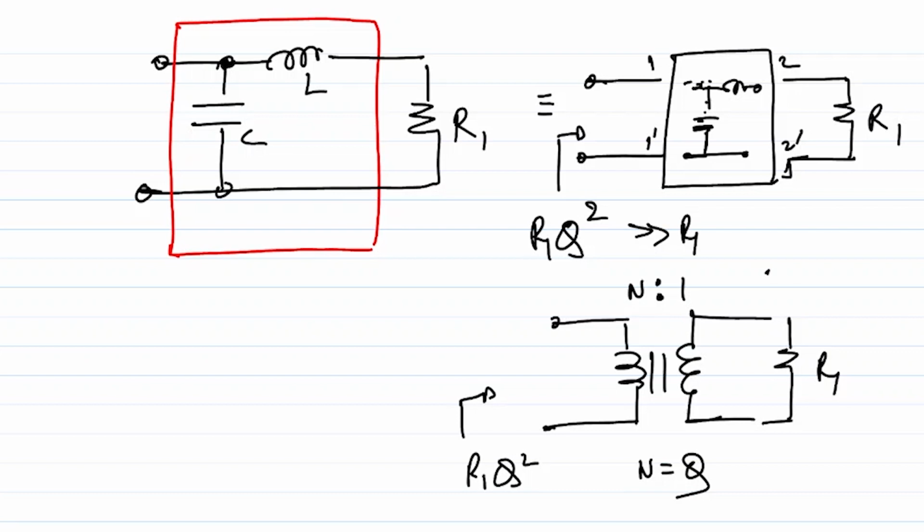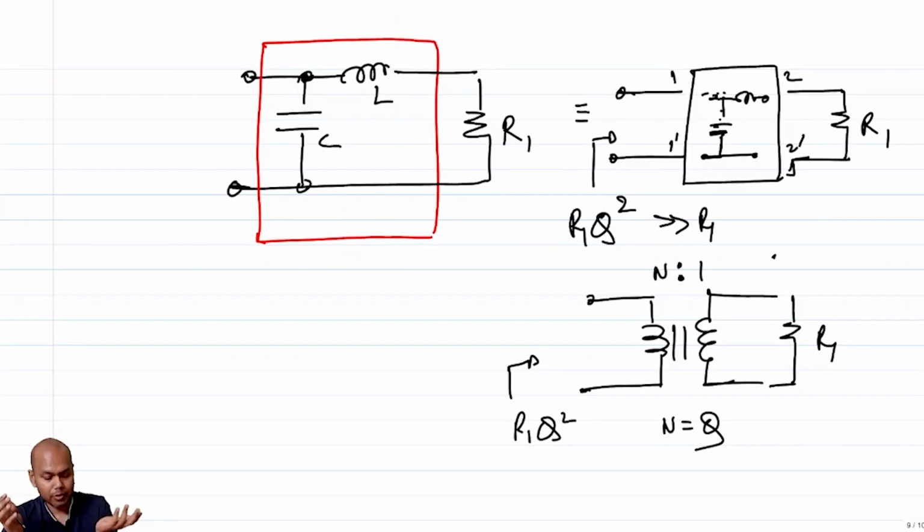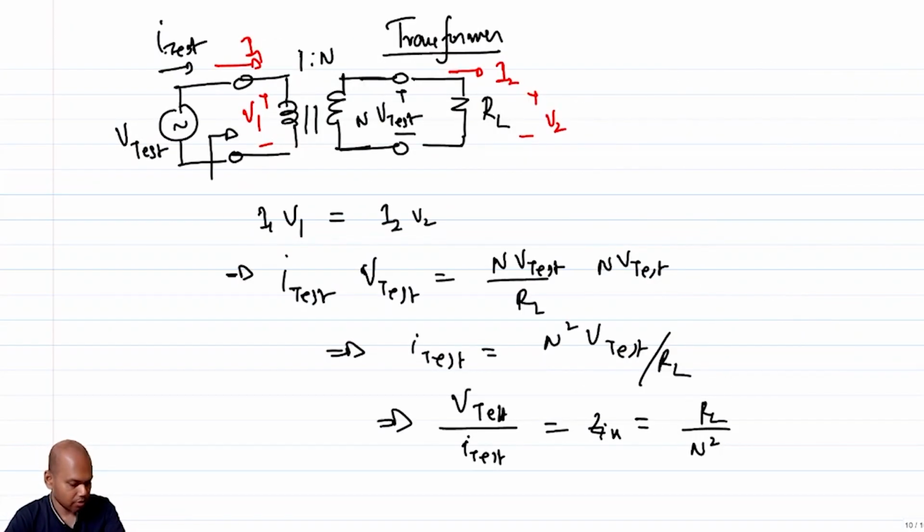To the unbeknownst user who doesn't know what is inside and is using it at a particular frequency, it looks like an impedance transformer where the transformer has a value of Q. Now the question is why? What is the intuition behind this? That is what we are going to see next.